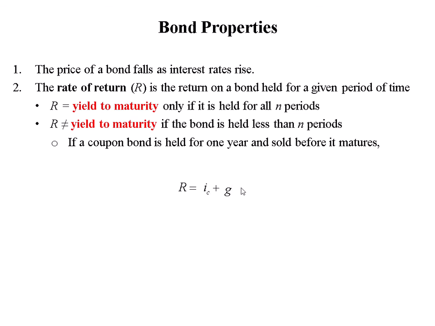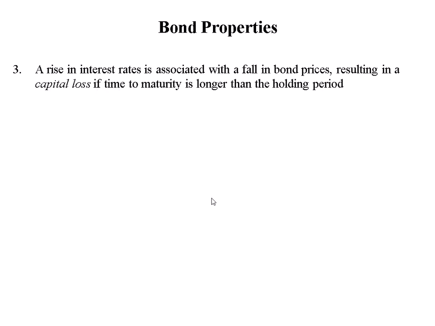And so you can think of this as the gain where the future price is not equal to the face value. If a zero coupon bond is held for 1 year and sold before it matures, again, it's just the gain. If a coupon bond is held for 1 year and sold before it matures for the same price it was purchased for, then you only get the current yield. The return is the current yield.